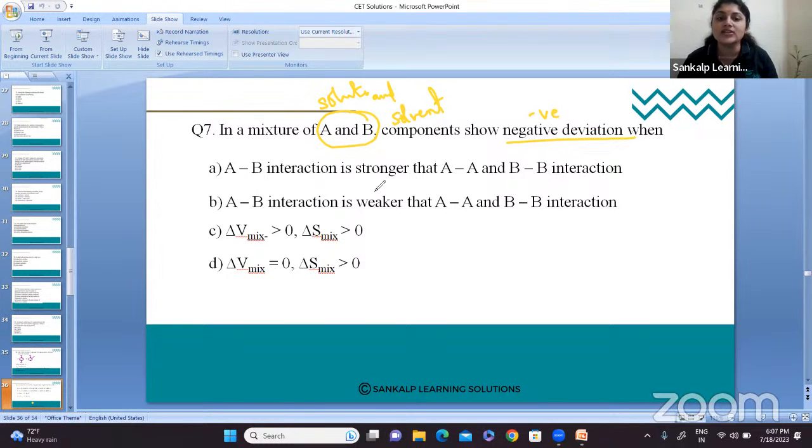Option A: when AB interaction is stronger than AA and BB interaction. Option B: AB interaction is weaker than AA and BB interaction. Option C: delta V mixing is greater than 0 and delta S mixing is greater than 0. Option D: delta V mix is equal to 0 and delta S mix is greater than 0.